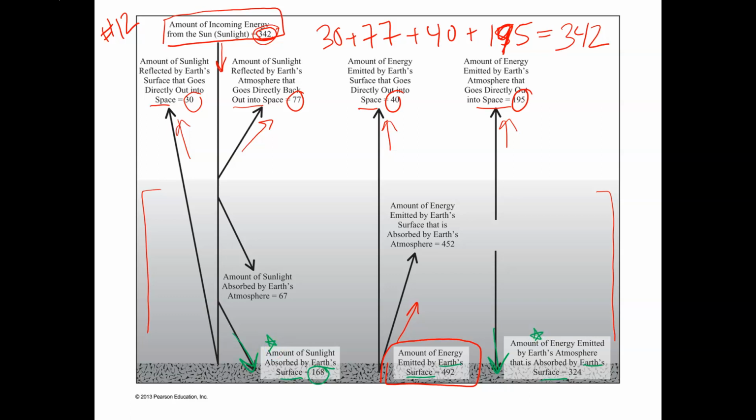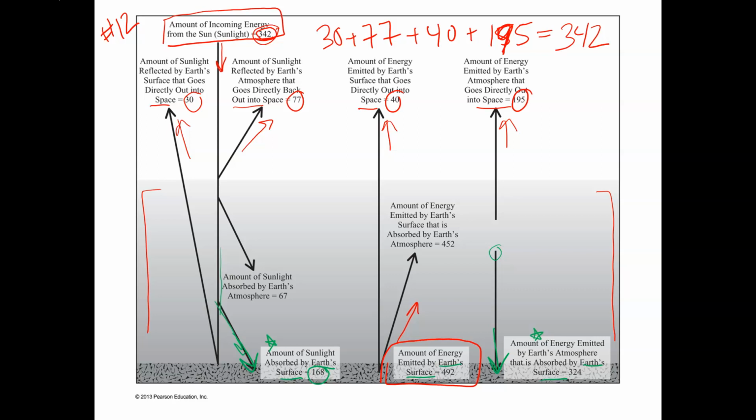Where is this light coming from? Well, look where the arrow starts. This arrow is coming from the sun and going here. This arrow starts up in the atmosphere and goes down. So we need to think about what kind of light it is. Go back to the first questions and the other graphs that we looked at.